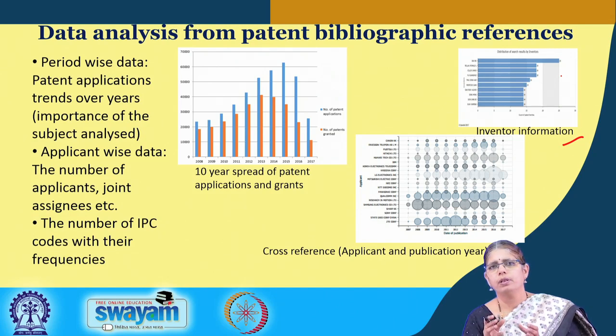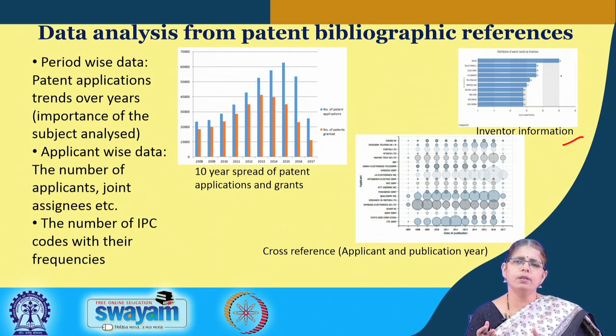So, you know which are the major inventors in a particular area. Again here, either the top 10 inventors or the top 5 inventors are a consideration, because those inventors have a significant number of patents in relation to a given area.